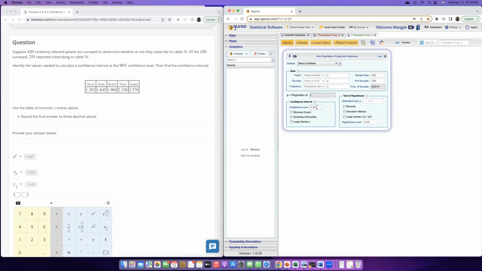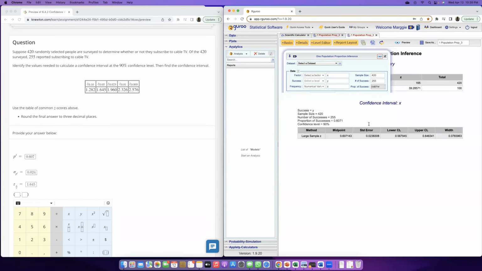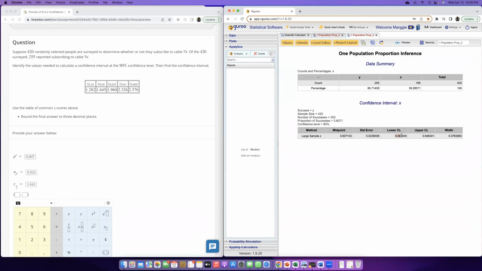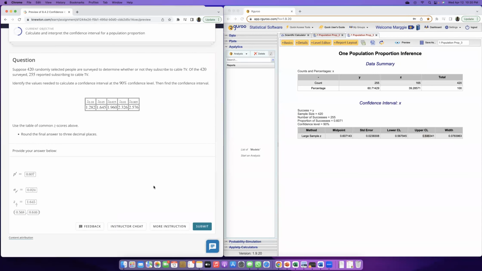We are doing a 90% confidence interval, so we change our method here. It's a large sample Z. We click in here, and here is our lower bound. To 3 decimal places, I need to round up to 8 because of the 9, and the upper bound is 0.646, so I don't need to round. That should be it.